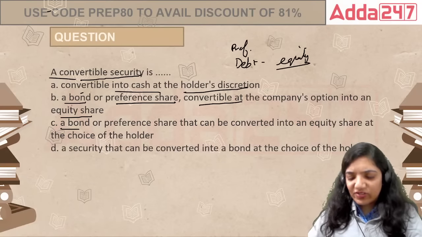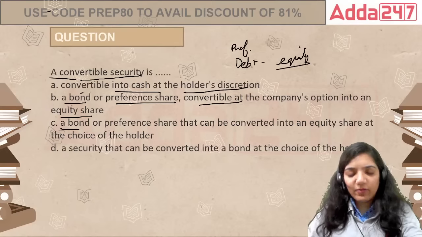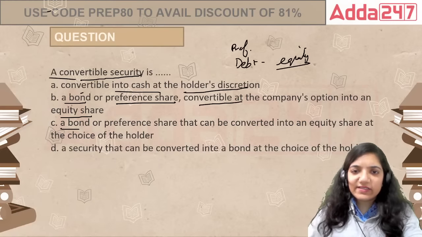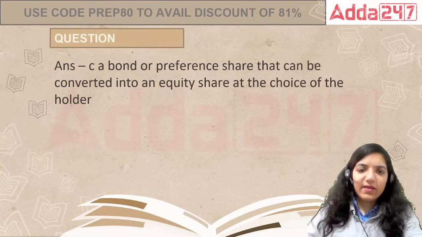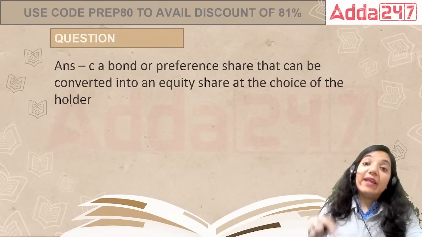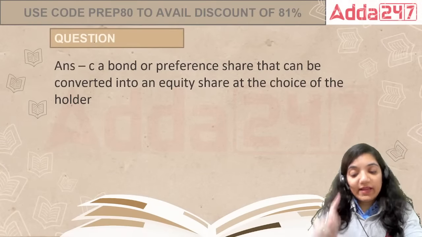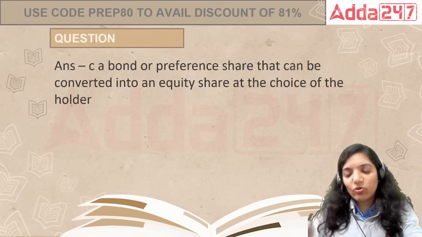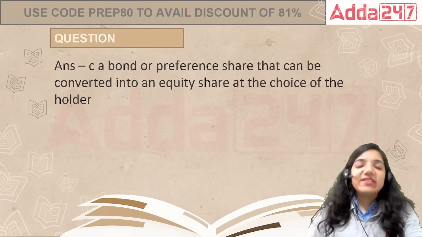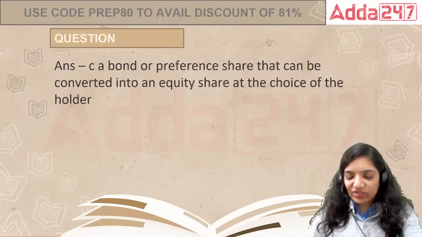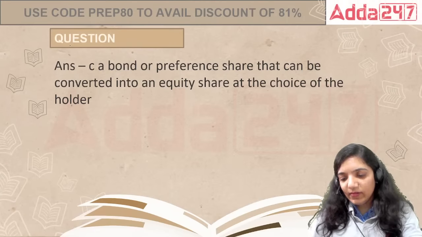Okay. Just looking forward towards the audio clarity, everyone. So in this case, the correct answer is the point number C. A bond or a preference share, it is at the choice of the shareholder. That means the bond holder or the shareholder will decide. Was just getting the audio quality checked by the tech team there, everyone. It's sorted at the moment.